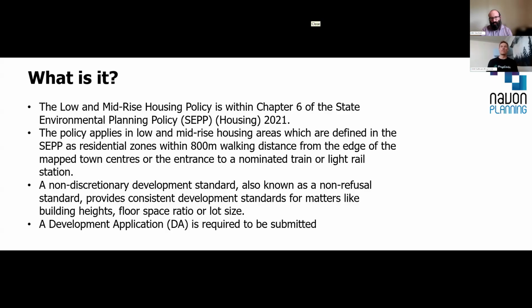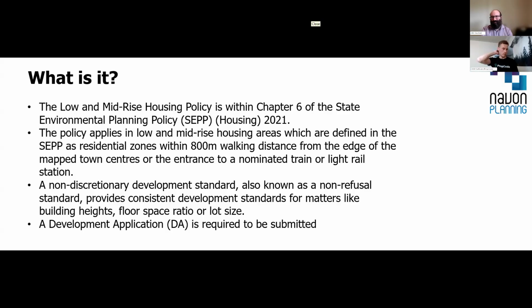It's a policy within this whole state policy, where you've got other controls too, like for secondary dwellings, granny flats, apartments, boarding houses, and the LMR policy fits into this SEPP. There's a lot of talk also that it relates to properties within an 800-metre radius of a train station or a town centre. We'll talk more about where those areas are.